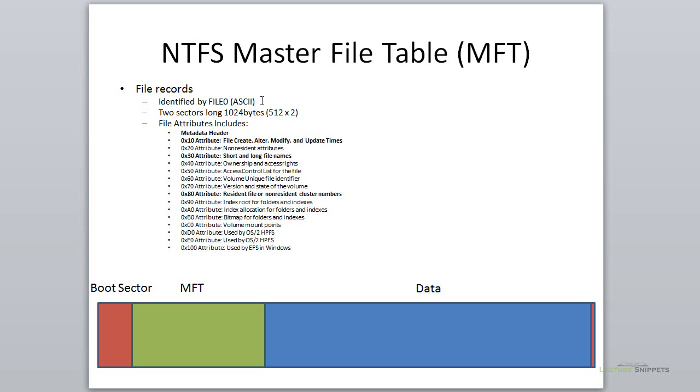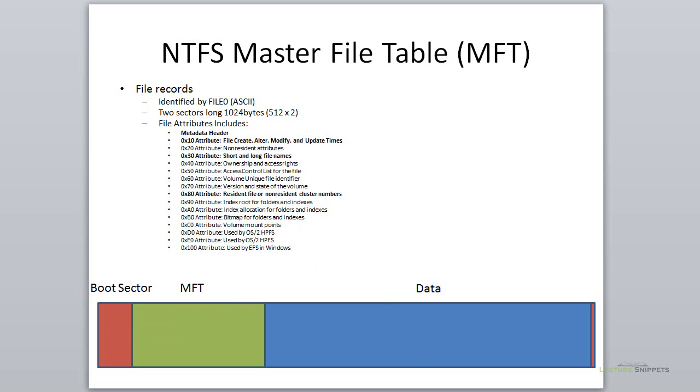Every one of our files, folders and objects contains attributes. We've got metadata information, including when the file was created, altered, or modified. We've got file names, permission and ownership rights, and a lot of different things about the files. The 80 attribute that you see here contains information about where the actual file is located in this data area, or if it's located in the MFT itself. All this information is stored in the master file table.